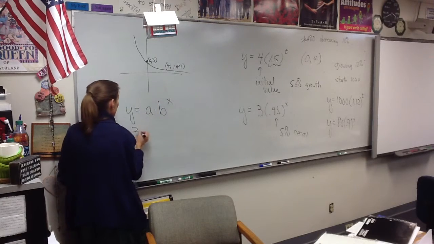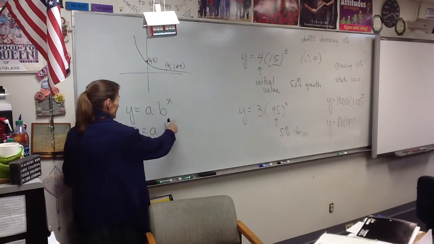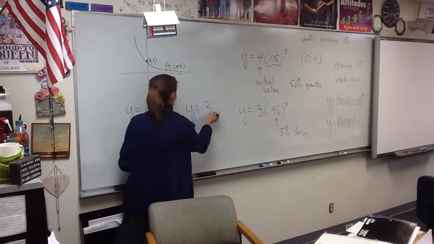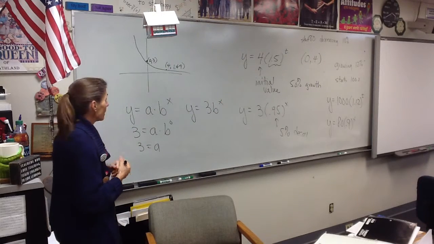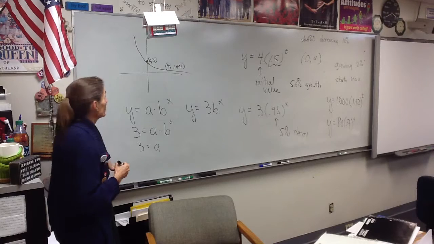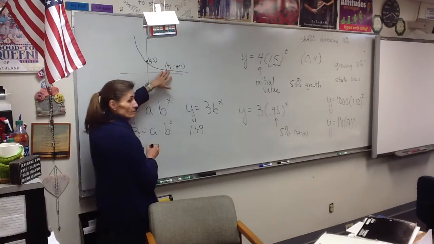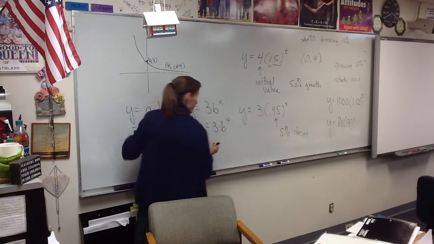Mathematically, it says 3 equals a times b to the 0th, but since that's 1, a is 3. So we have 3b to the x. Now plug the other one in. 1.49 equals 3 times b to the 4th.